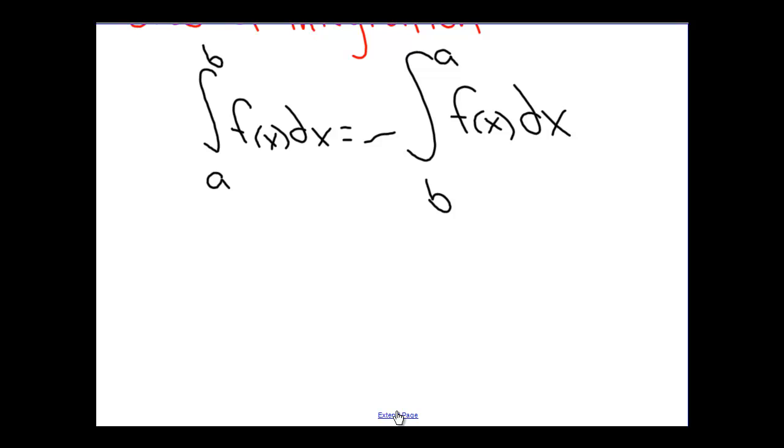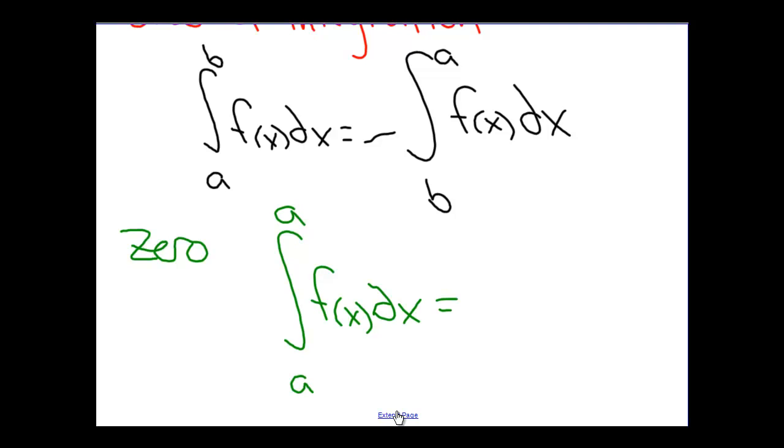Another important idea, and this one comes about from the fact that we can represent this as an area. If I take the integral from a to a of f of x dx, I will always get 0. In other words, if a is both the upper and the lower limit of my integration, the region of the plane that I'm measuring the area of is precisely 0.